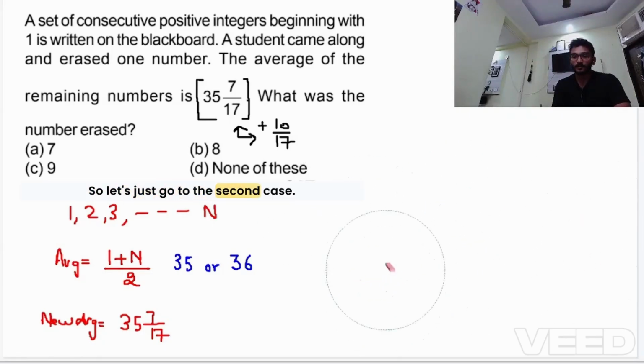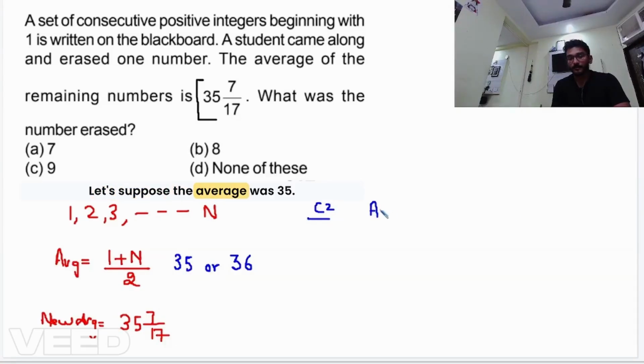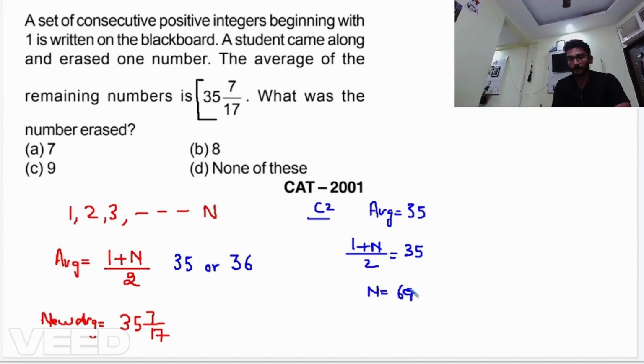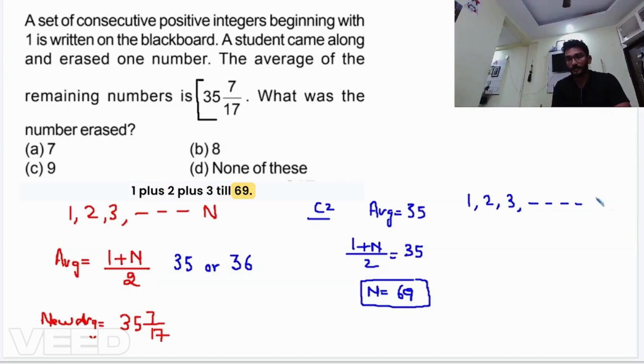So let's go to the second case. Case number 2. Let's suppose the average was 35. Now if the average was 35, n equals 69. It means the sequence is something like this: 1 plus 2 plus 3 till 69.